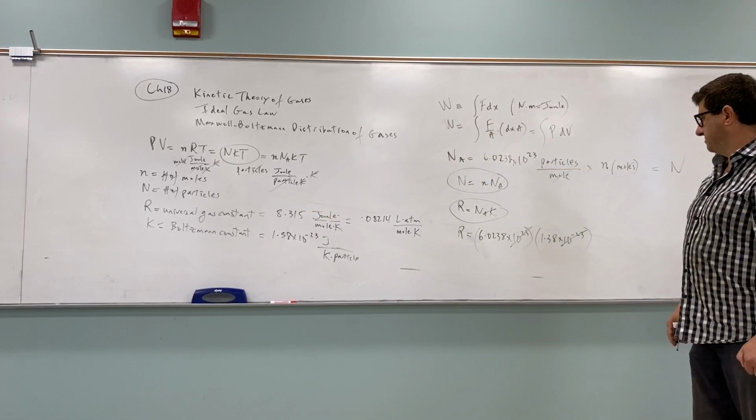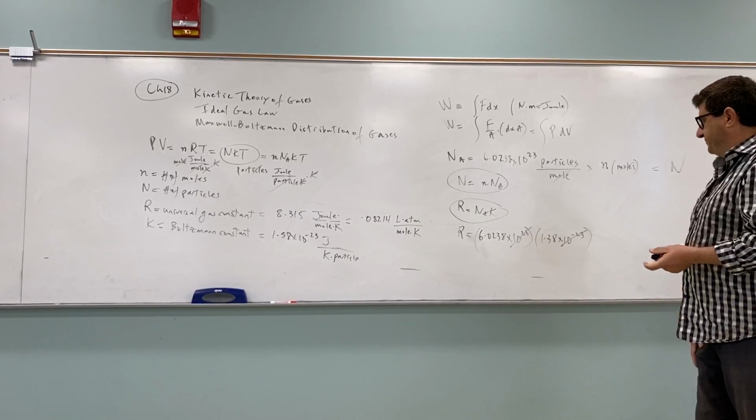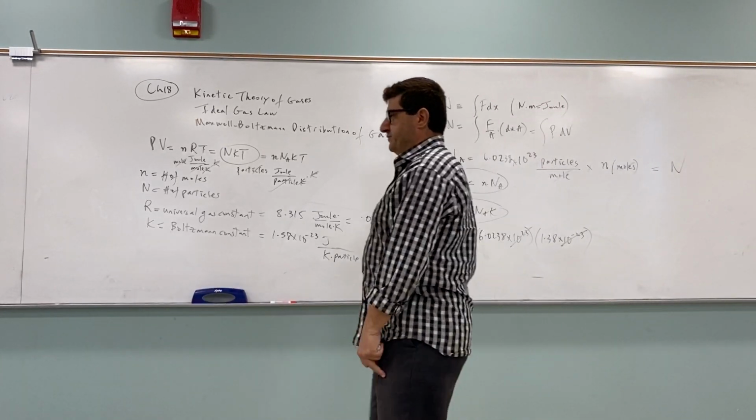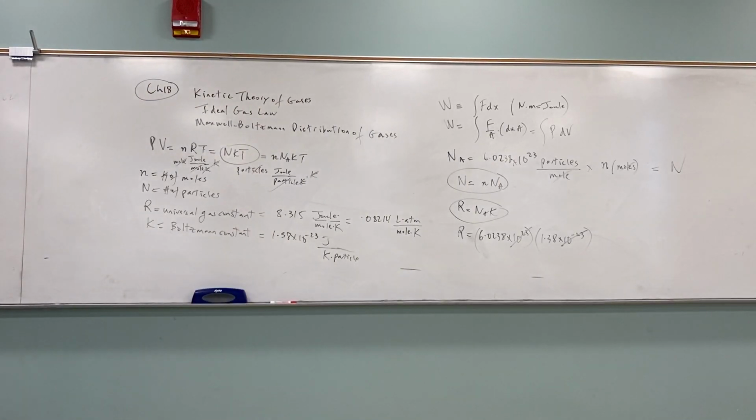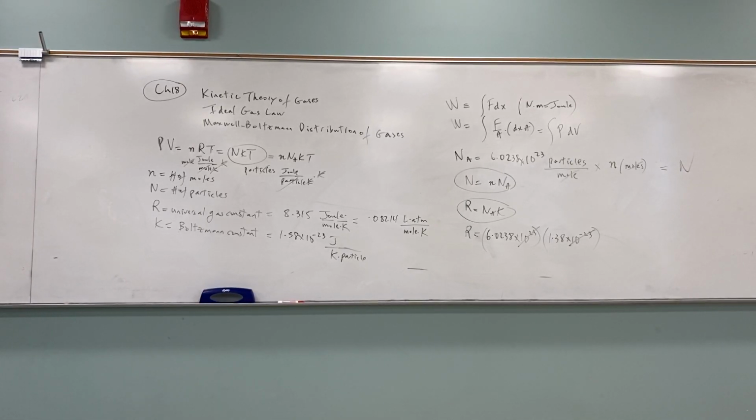So basically this number times Avogadro's number gives this. Does it give you 8.3128? It's not quite. Let me see here.